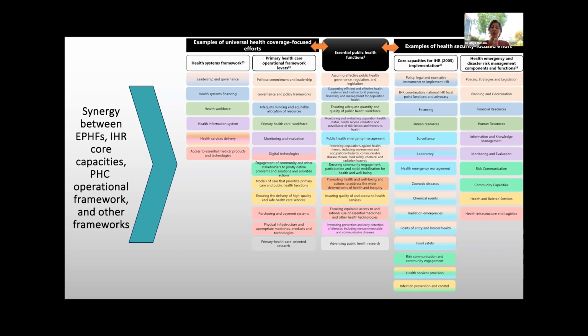And you can see that most of the essential public health functions are represented in the other frameworks. Specifically in relation to today's discussion, you can see that health workforce is represented in all of these different frameworks or approaches and is really central to delivering on the essential public health functions.